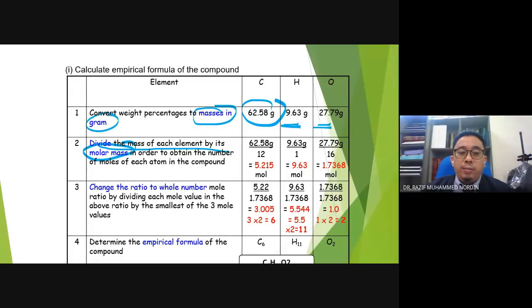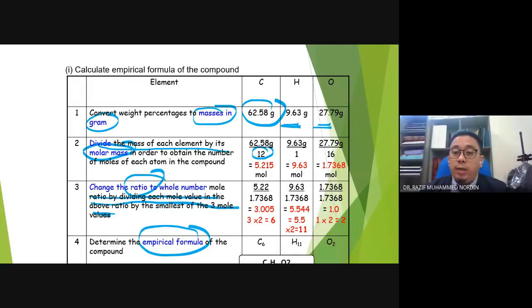Ini first dia, mass in gram. And then the ratio of it and empirical formula. Yang selebih ni hanya untuk kamu faham sahaja. Okay? So, kalau tengok pada molar mass, for carbon, relative atomic mass dia 12.